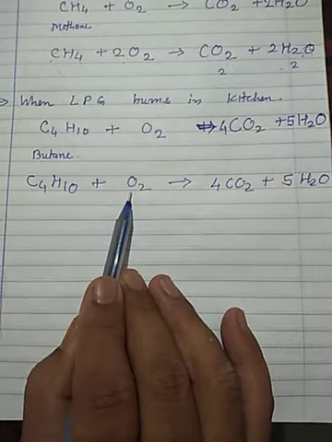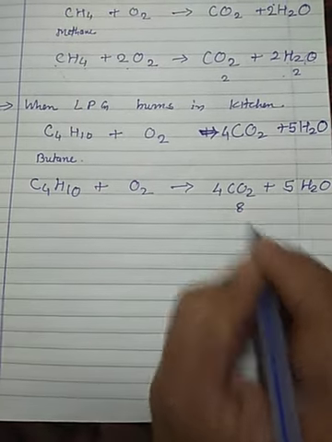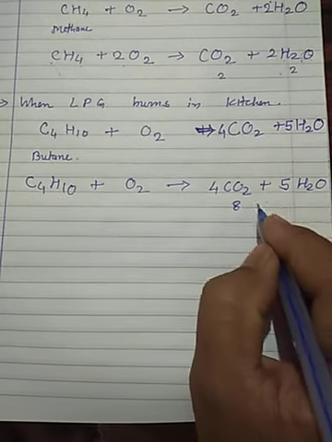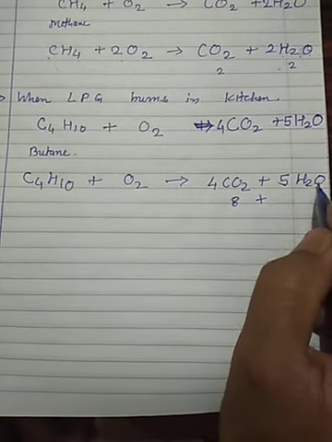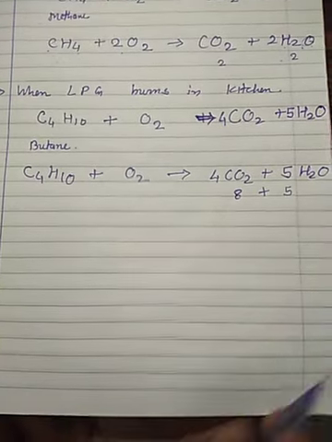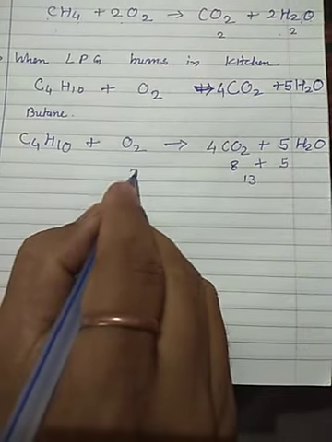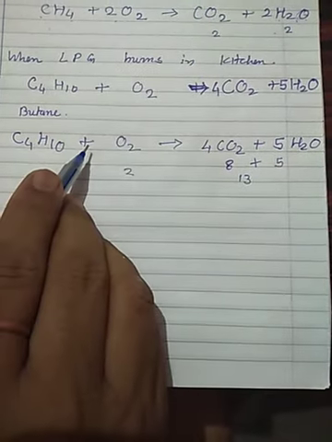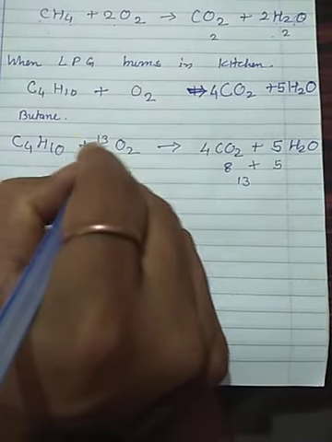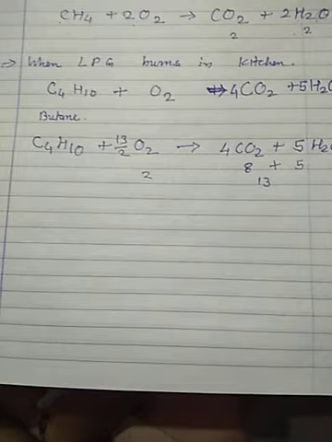The remaining is oxygen. On the product side, 4 times 2 is 8 oxygen in carbon dioxide, while 5 times 1 is 5 oxygen in water molecules. So total 13 atoms of oxygen are there. Here only 2. So I have to multiply this by 13 by 2. Then these 2 cancel, and 13 oxygens are there.